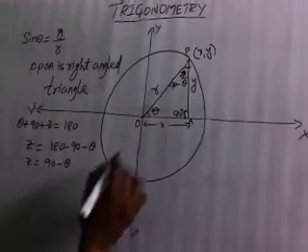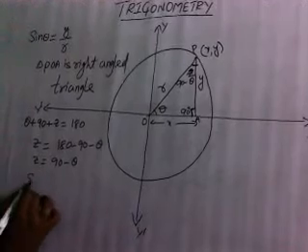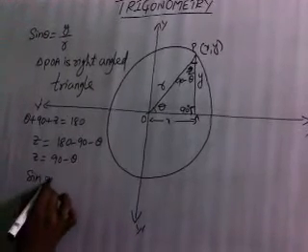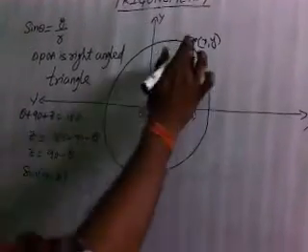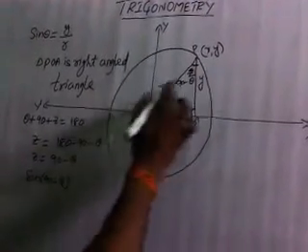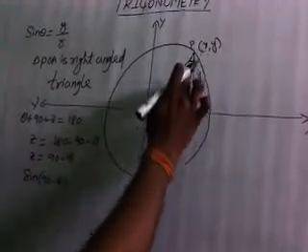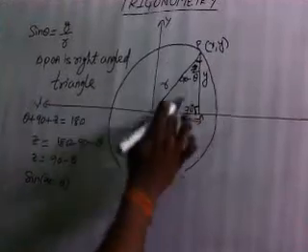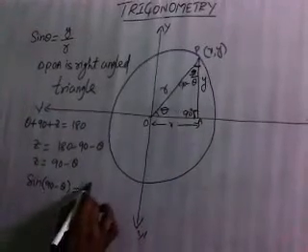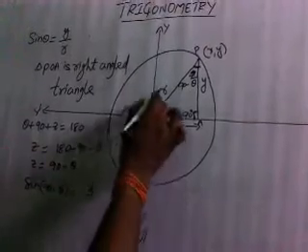Now consider this angle, sine of 90 minus theta. What do we get? In this right angle triangle, if you consider this angle, then sin is defined as the opposite side to this angle, divided by the hypotenuse. The opposite side to this angle is x, x is positive, by hypotenuse, which is r.